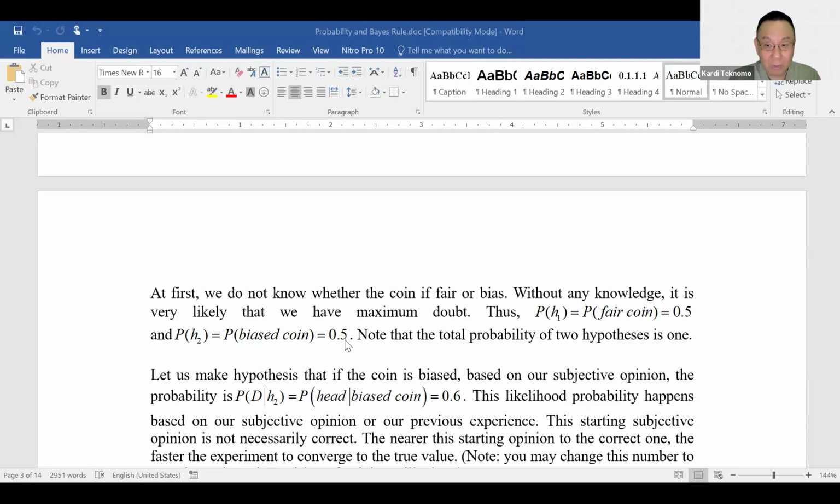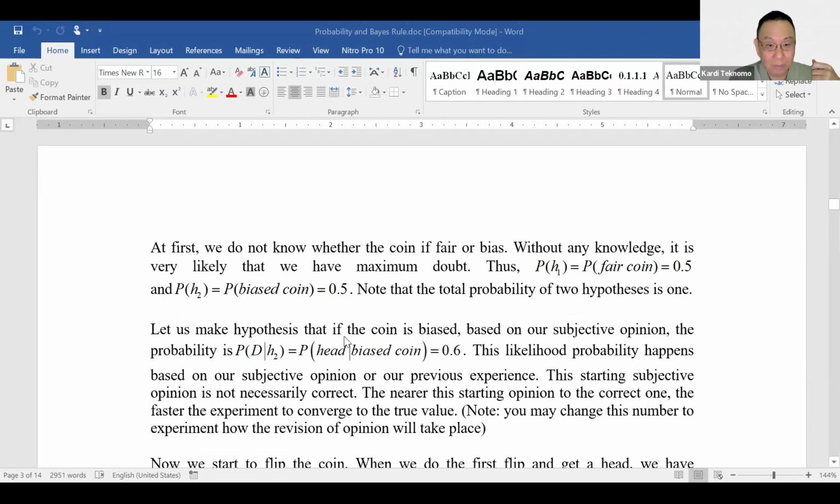And then when you toss that coin, the result is a head. So then you can revise your opinion. Say, the simple way to say that is the probability of head for the biased coin is 0.6. You can put different numbers here as long as they are larger than 0.5.